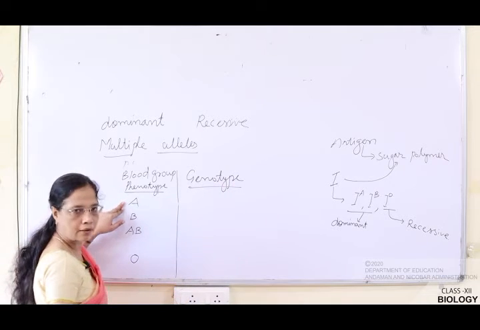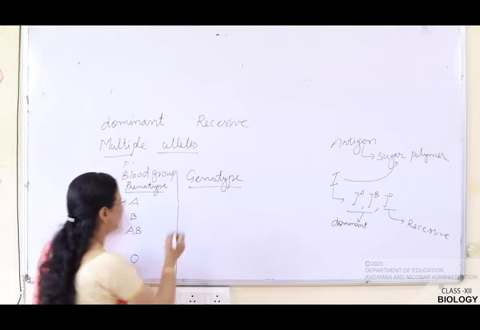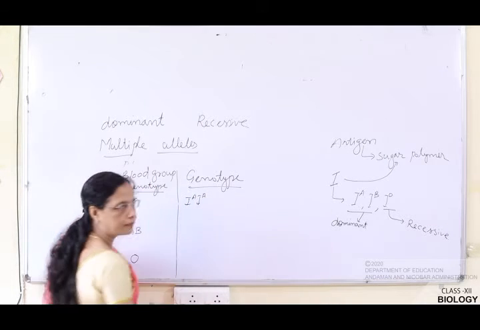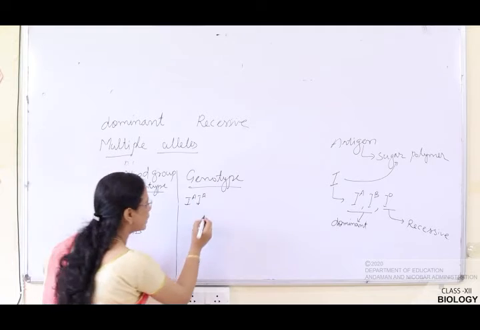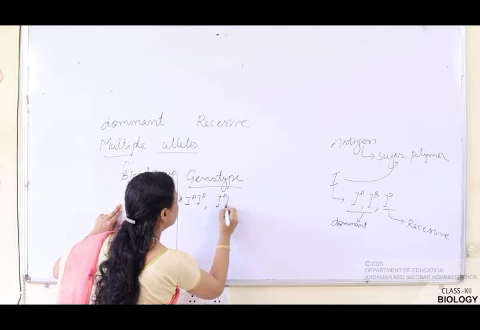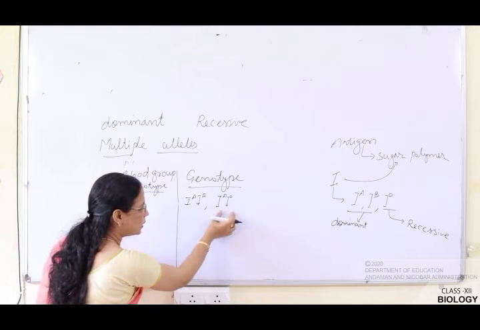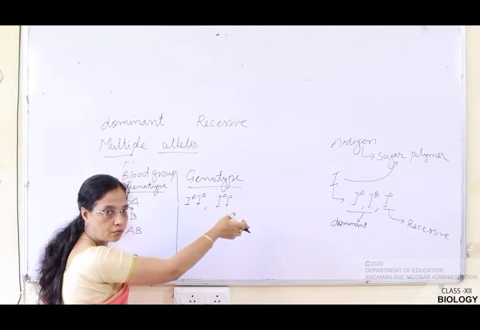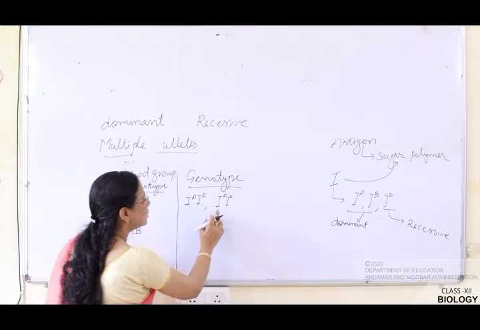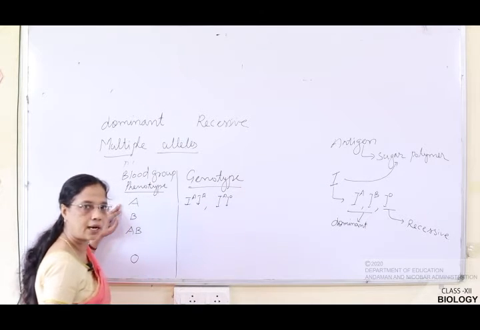If a person is having A blood group, there are 2 options. The alleles may be in homozygous condition or in heterozygous condition. In the heterozygous condition, one allele is dominating over the other, so it follows the principle of dominance. This is completely dominating over the other allele.